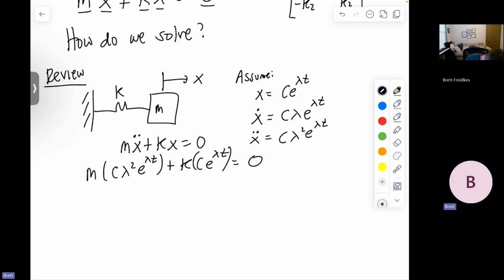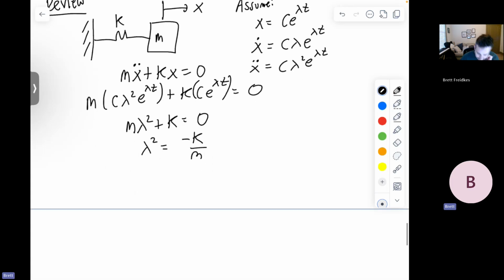And a big benefit is that these constants c will divide out, and the exponentials will never be equal to 0, so we can divide them out. So we get ultimately that m lambda squared plus k is equal to 0, and we get that lambda squared is equal to minus k over m.